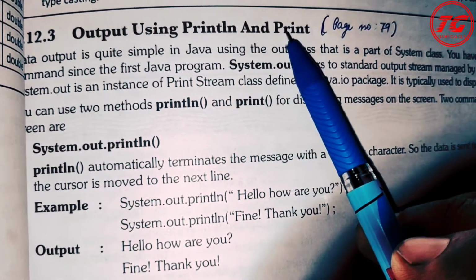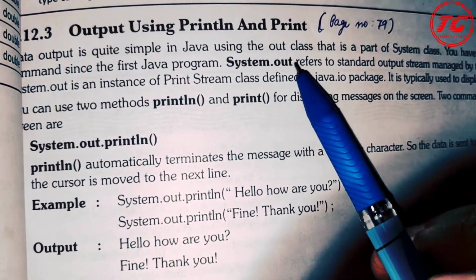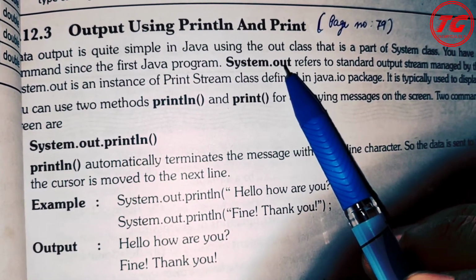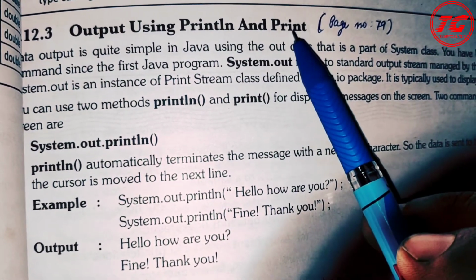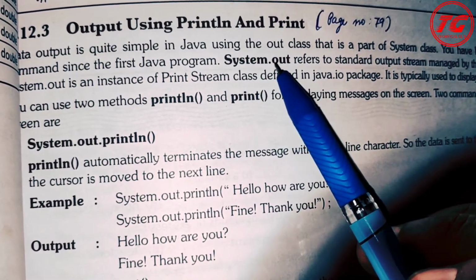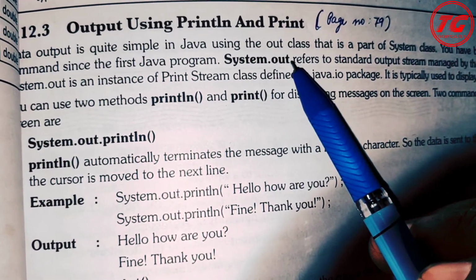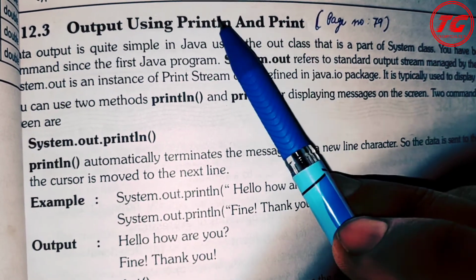So these two methods, println and print, belong to the output stream. Whenever you have to use print or println, you have to write System.out, again put one dot, and then the method name, like print or println.